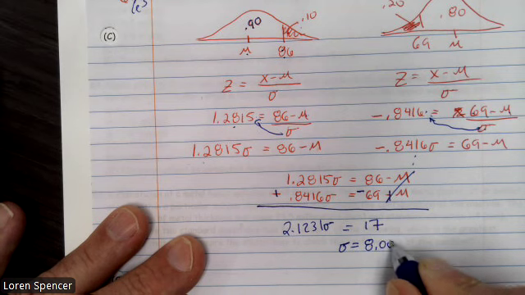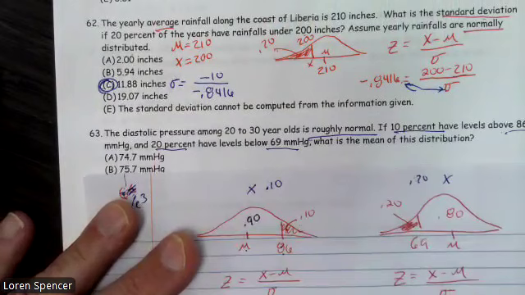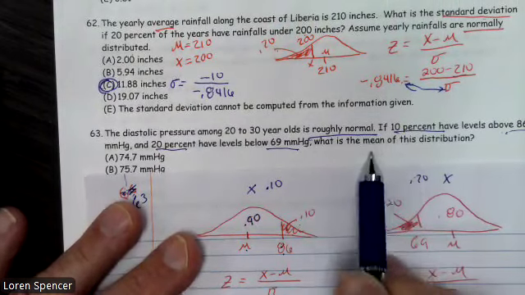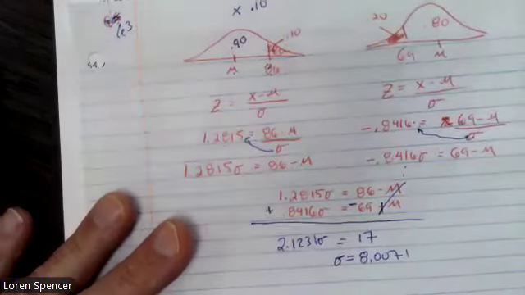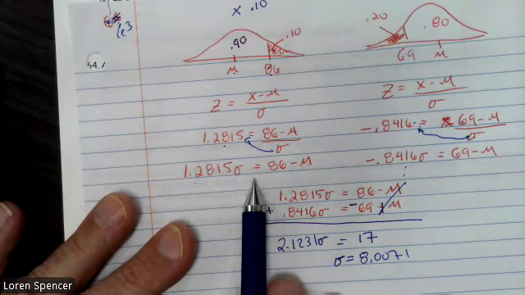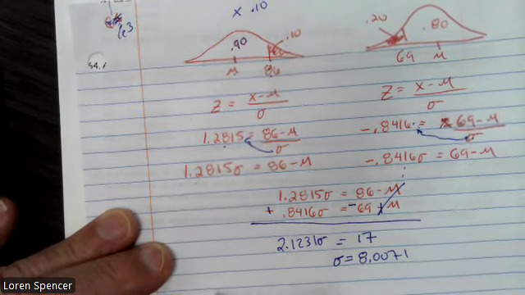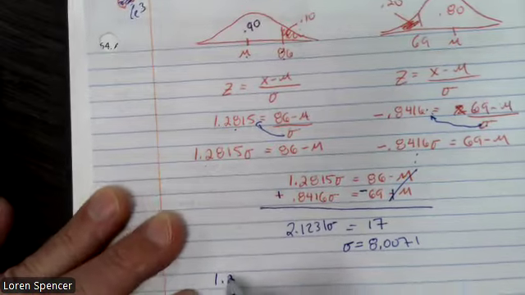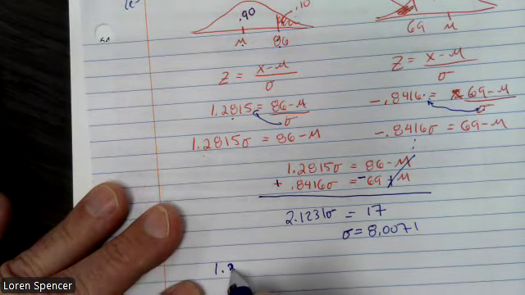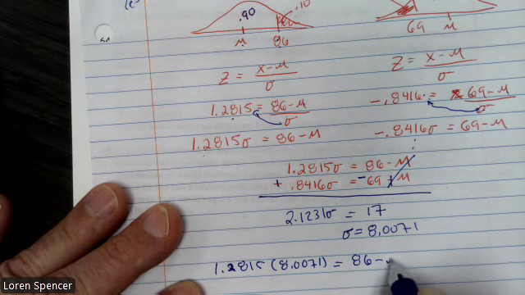And I'm all excited, except they didn't ask me for standard deviation. They asked me for what is the mean of the distribution. So I've got to go a little bit farther. Doesn't matter which equation I choose, I can plug in and solve for the mean. So I'm just going to plug into this one, and I have 1.2815 times the standard deviation we just calculated equals 86 minus the mean.